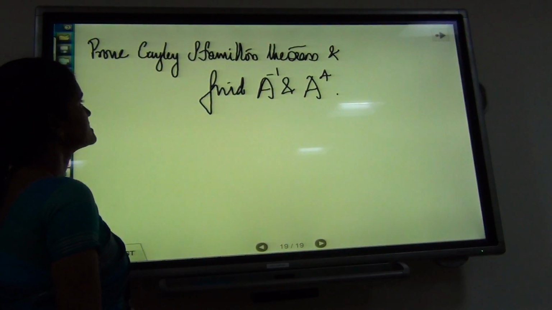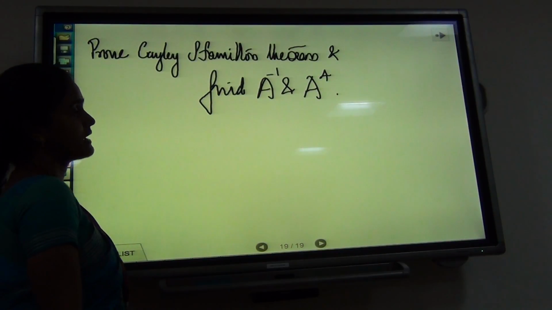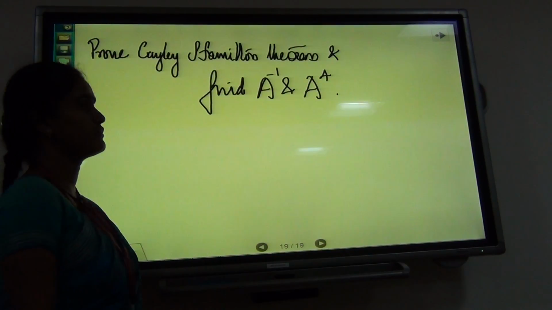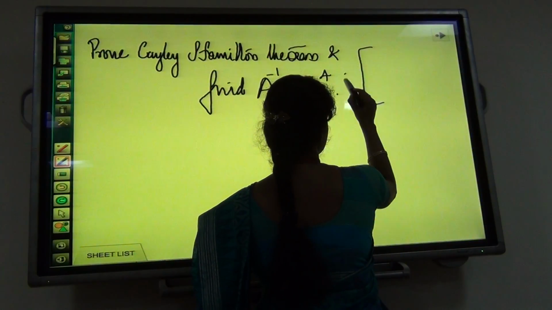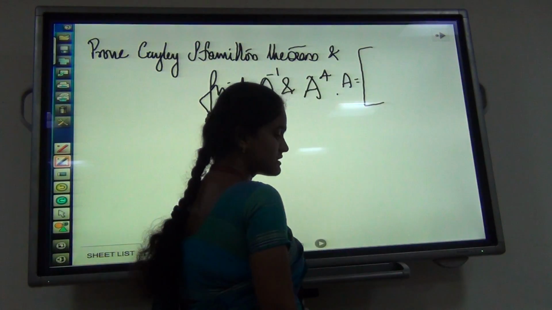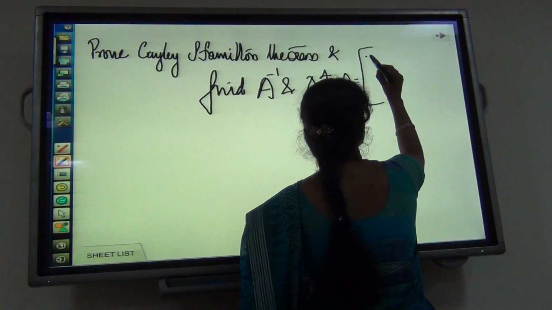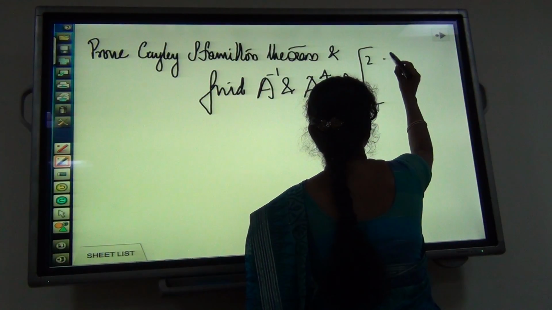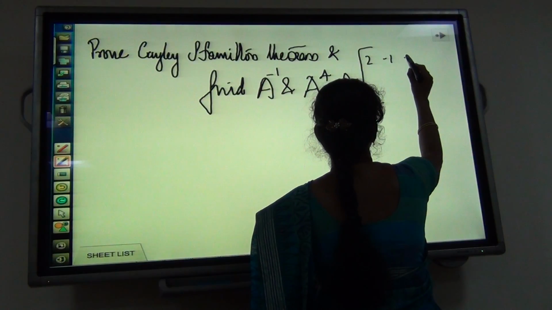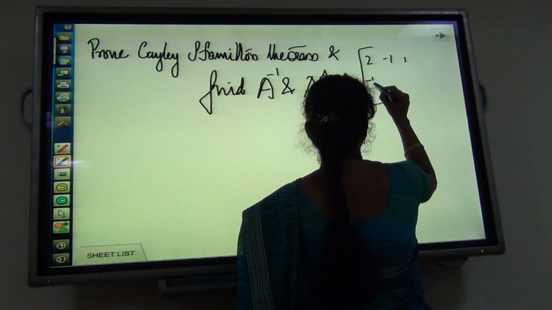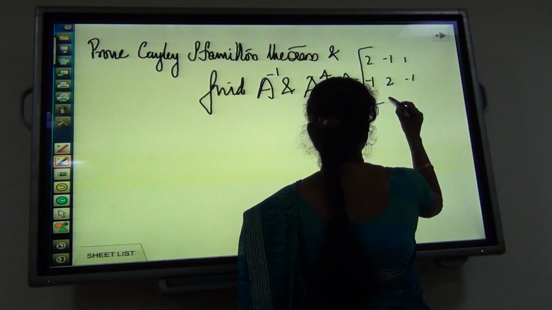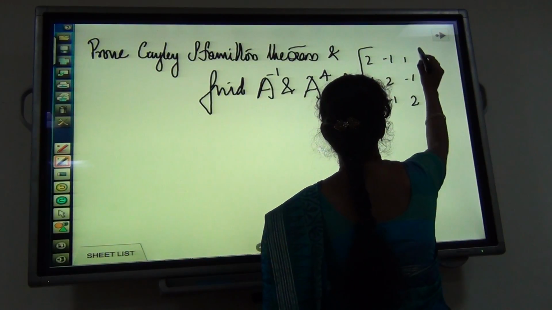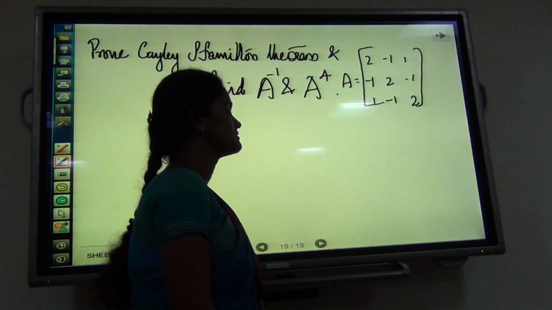So how to prove the Cayley-Hamilton theorem and A inverse, A power 4 things together? We are going to do it in one matrix, where the matrix A is [2 -1 1; -1 2 -1; 1 -1 2], the matrix I'm going to take.